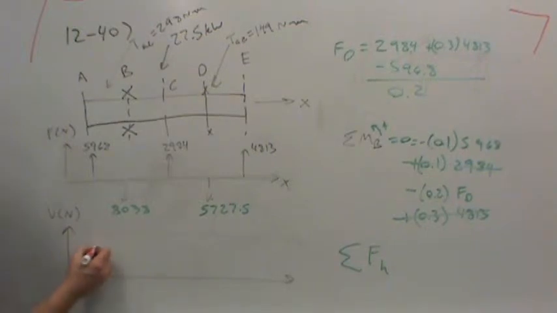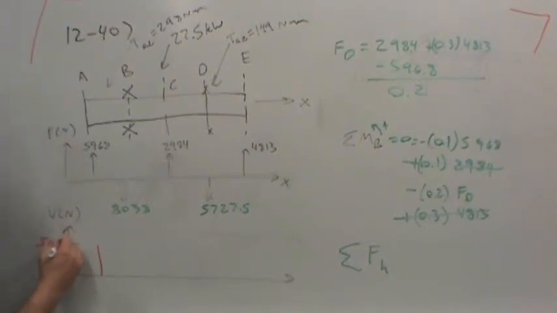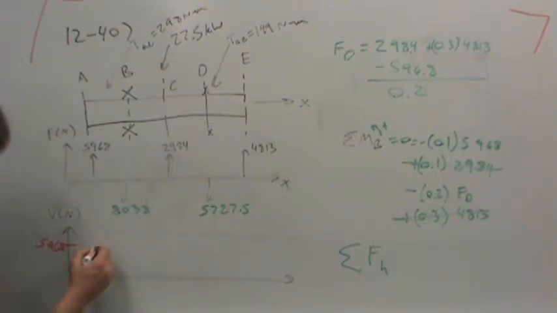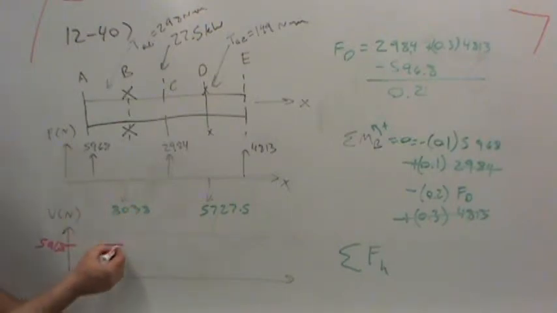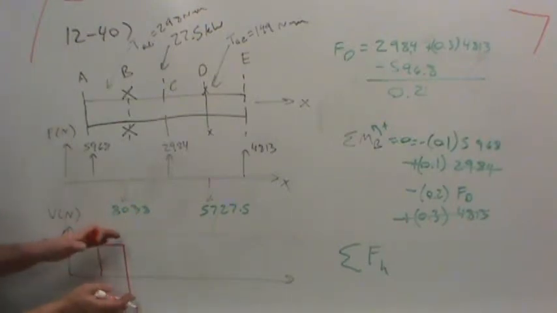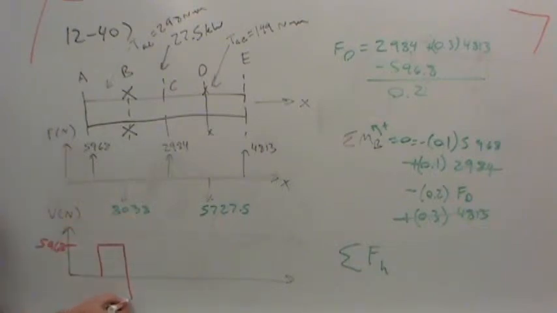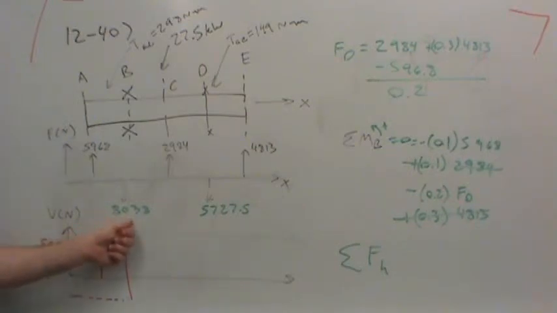At A, we go up to 5968, right? Then we go over to B, and the delta is what the load represents, right? It's the change. So we've got to go down where this distance is 8,038. So where do we end up on the shear axis? Well, take 5,968, subtract off 8,038.